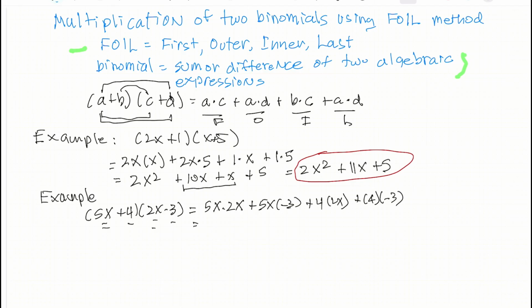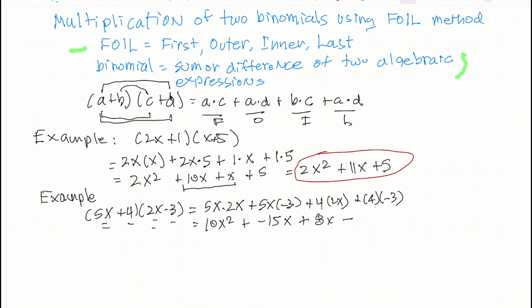Let's expand this out. So we've got 5x times 2x, that's going to be 10x squared, plus 5x times minus 3, so that's going to be a minus 15x. Now we've got 4 times 2x, so that's going to be 8x.